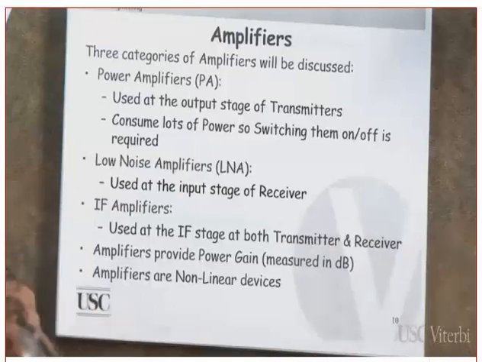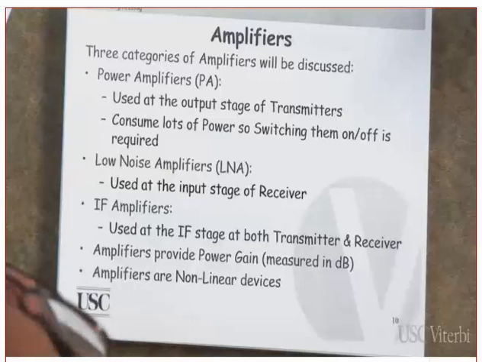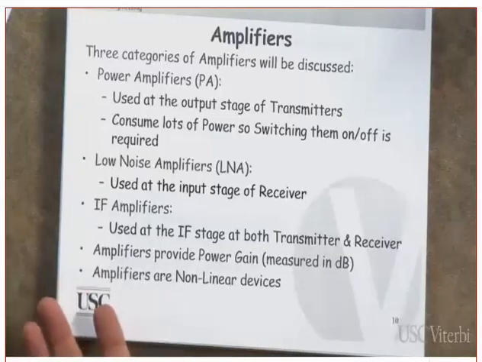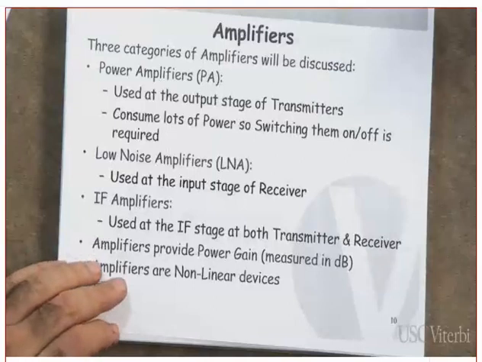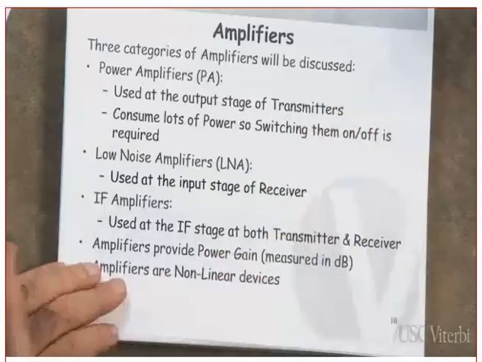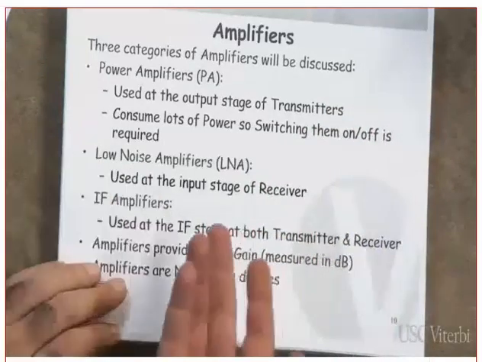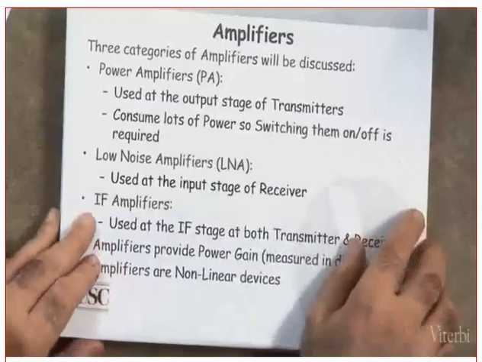If you are not transmitting, if you are not sending anything, should your power amplifier be fully powered? What do you need it for? The receiver needs to be on, so that if somebody is calling you, they can get through. But the transmitter is only on when you transmit. Did you get my point or not? It's only when you want to transmit that you want to turn the power on. When you're not transmitting, what do you need the power for? And that's why I said switching them on or off is required.